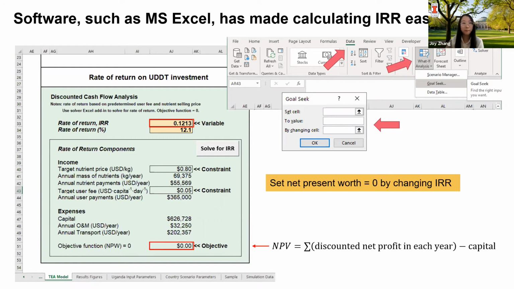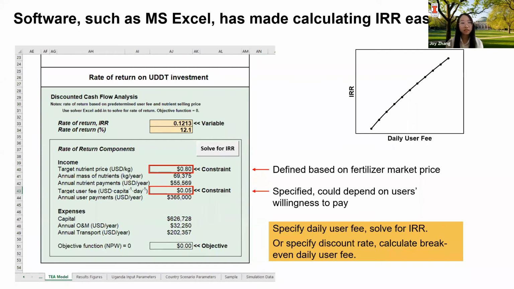Next, please. In addition to just using existing parameters and models, we can change a few constraints and see how it affects the IRR it solves. One of the constraints we can consider is the daily user fee, and another one is the nutrient selling price.